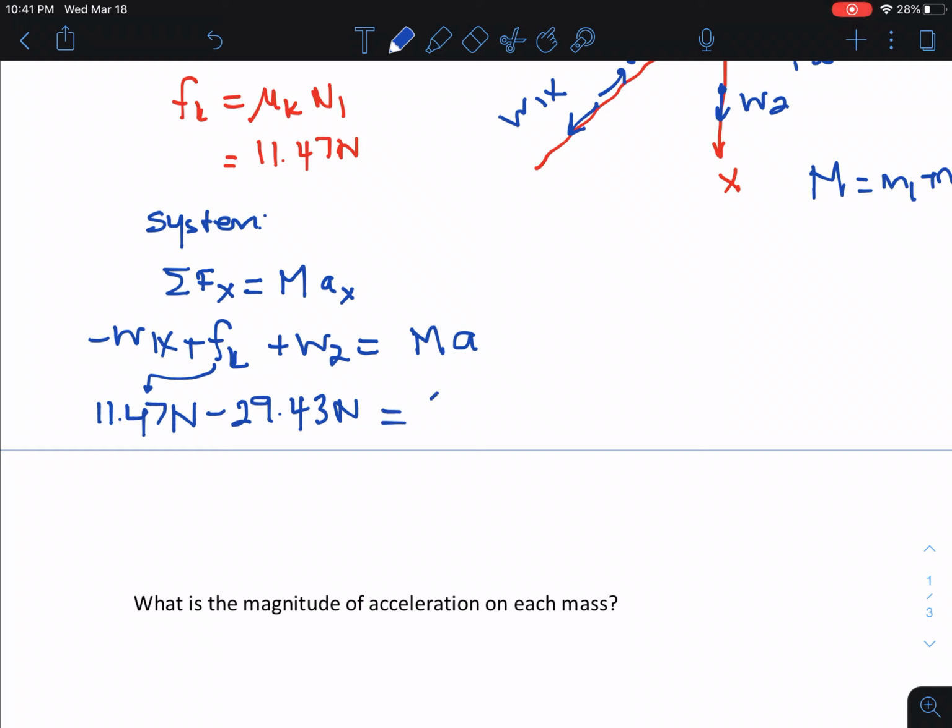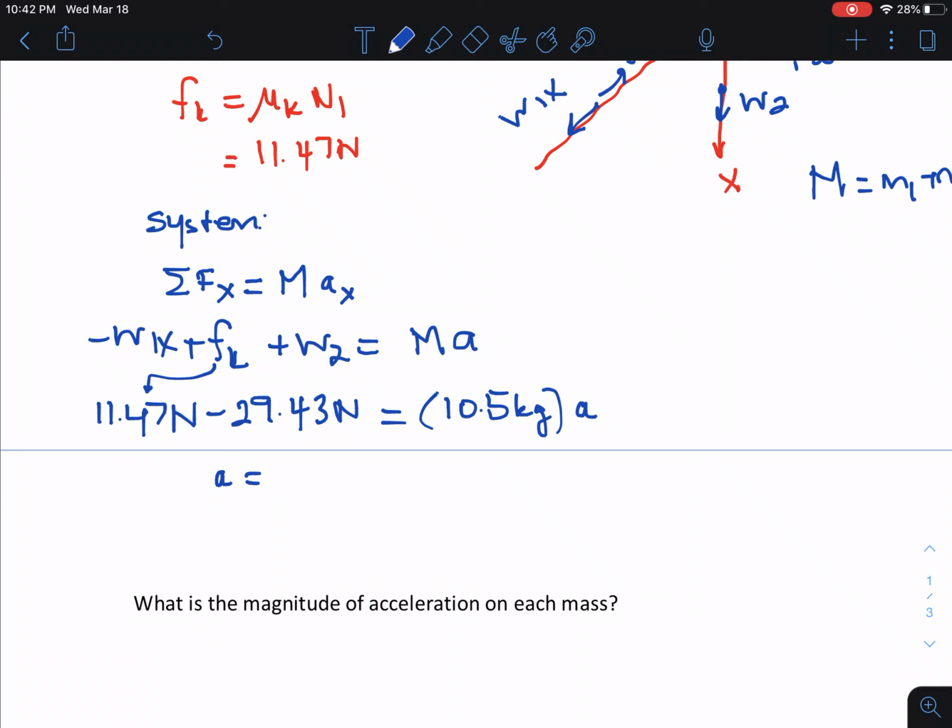And that's equal to the total mass, 9 plus 1.5 kilograms, so it's 10.5 kilograms, times A. Since newtons are kilograms times meters per second squared, the kilograms will cancel out and we will get the acceleration in meters per second squared.